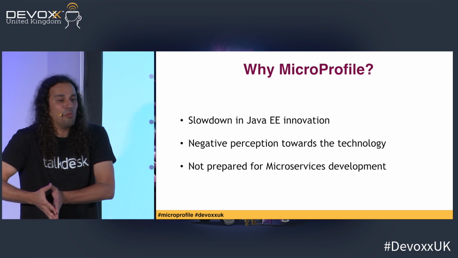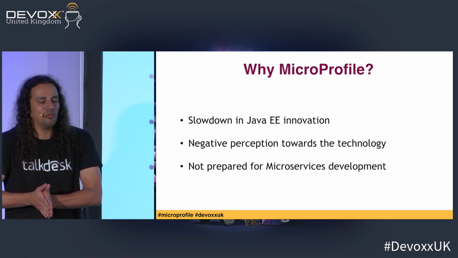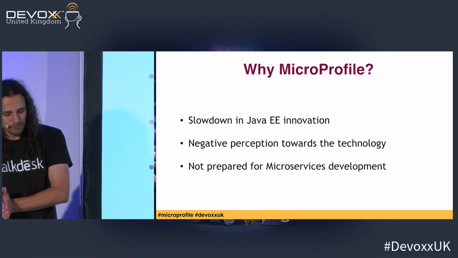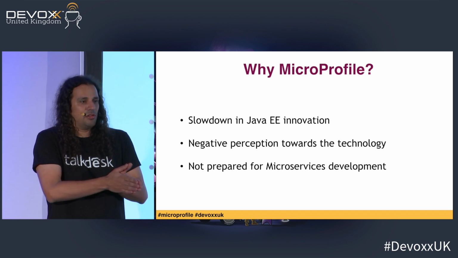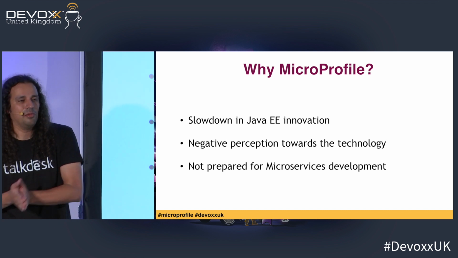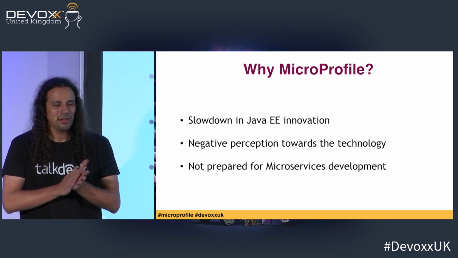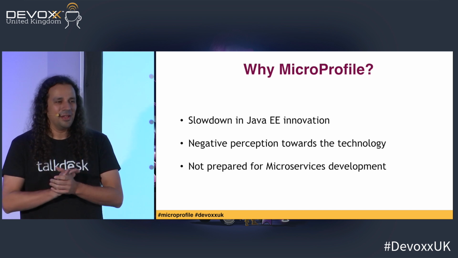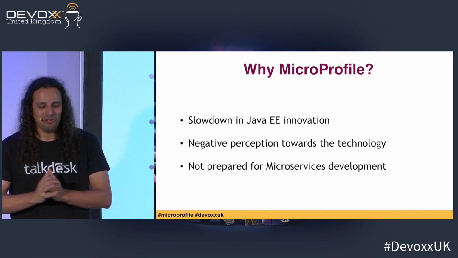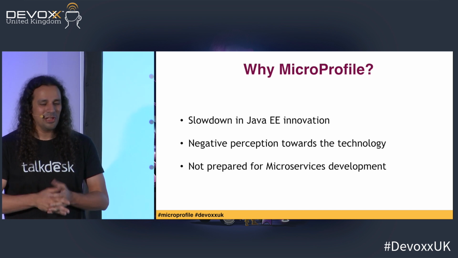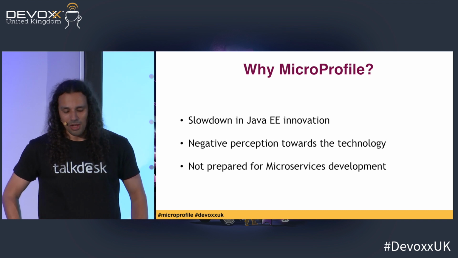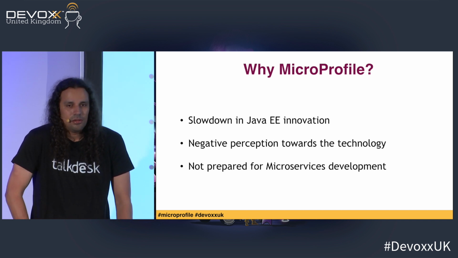It was impossible to keep up with the amount of innovation that was being done in the microservices world. Also, there was a little bit of negative perception towards the technology, especially because at some point, a big company, I'm not going to name here, but you probably know about, that had the stewardship of Java EE, was not putting as many resources into it.